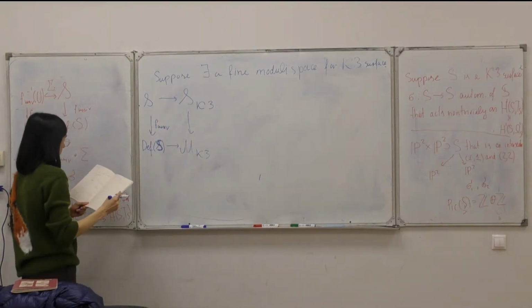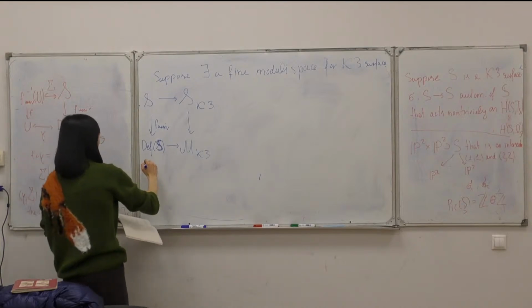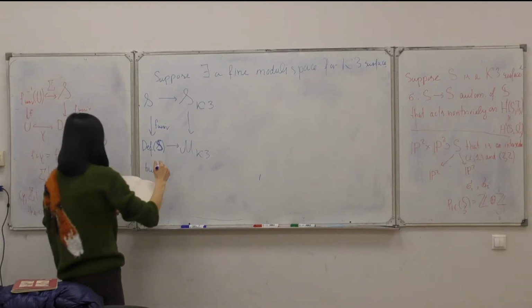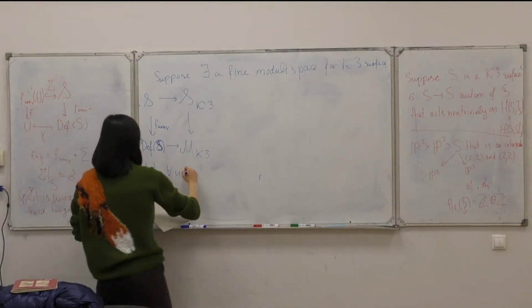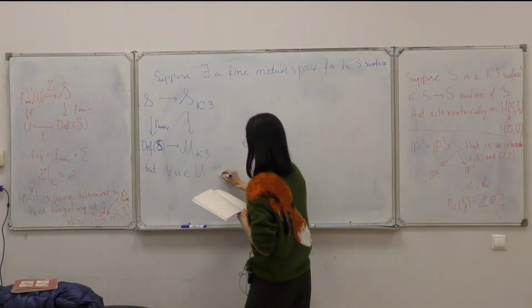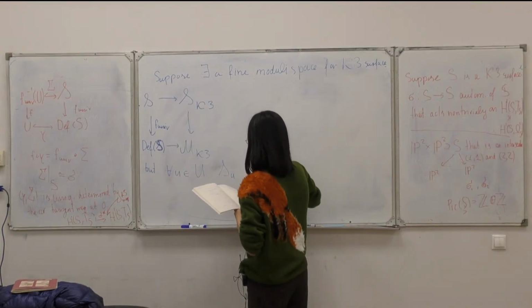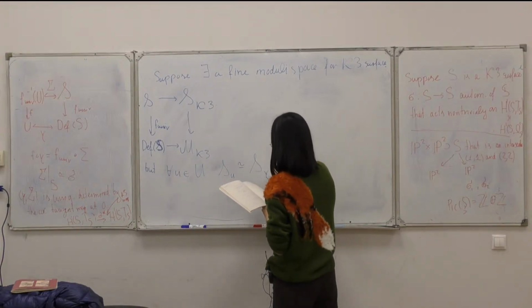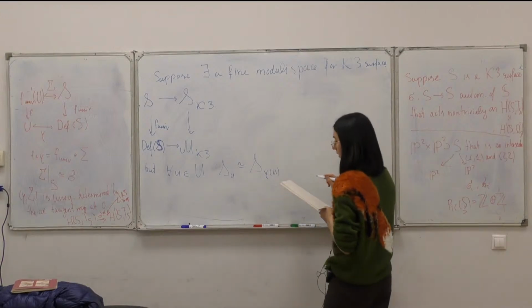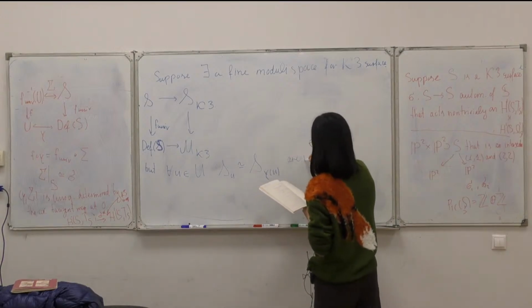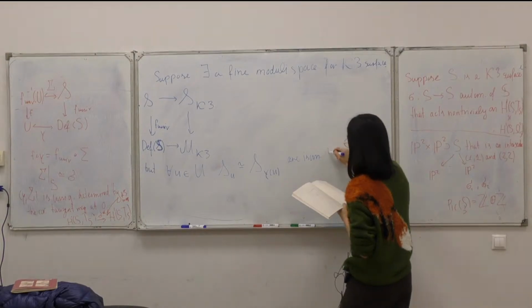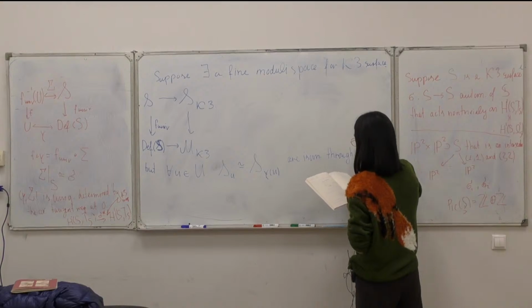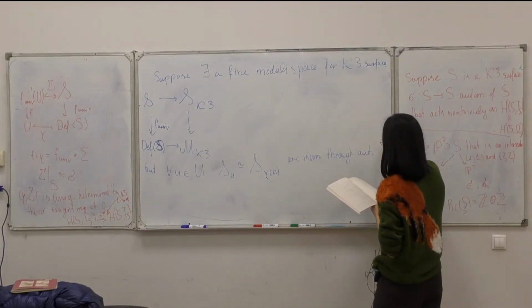But what we have, using this automorphism, is that for all points in U, the fibers of S_U and gamma S_U are isomorphic by the automorphism sigma.